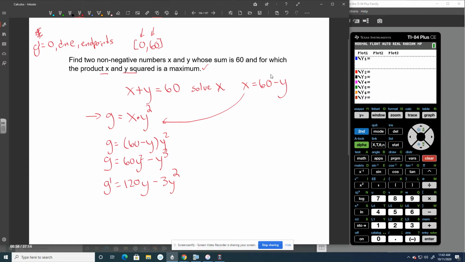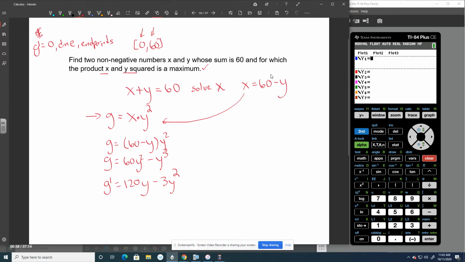So I know that my endpoints are just going to give me a value of 0. They're not going to be the maximum, but we have to include them when we check, because sometimes our endpoints are our maximums. In this case, it wouldn't make sense for them to be a maximum. We'll check them just to say that we did and make the AP test people happy.